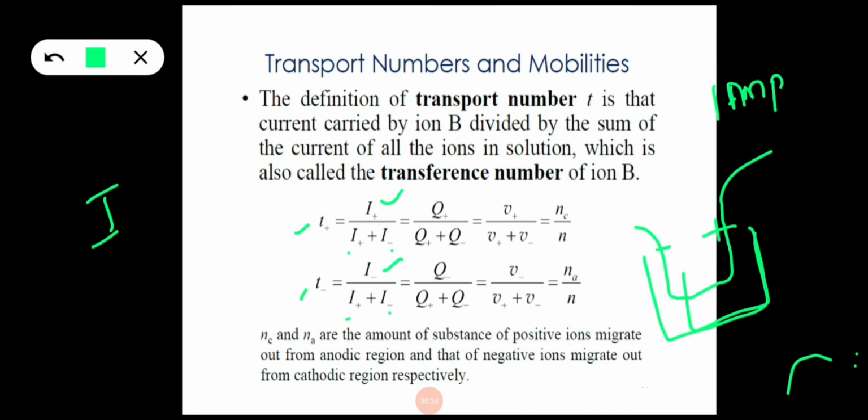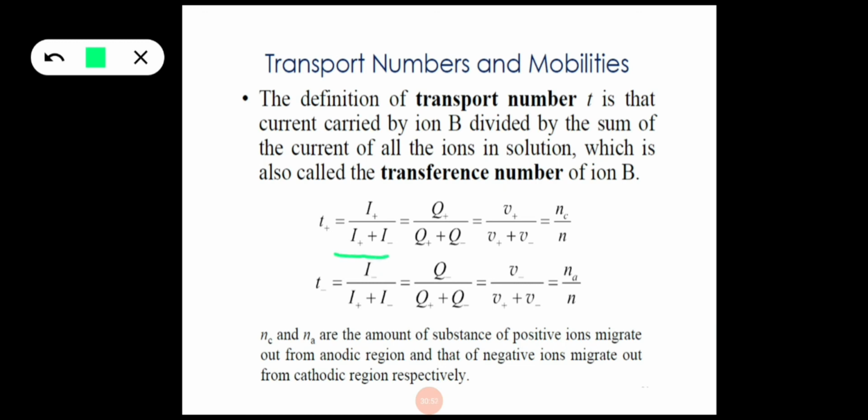So if we pass 1 ampere current, all this current will be carried by the electrolytic solution and electrodes, but the ions present here, cation and anion, need not carry the total current in equal quantity, that is, 0.5 ampere by cation and 0.5 ampere by anion need not be the case. They may or may not distribute equally.